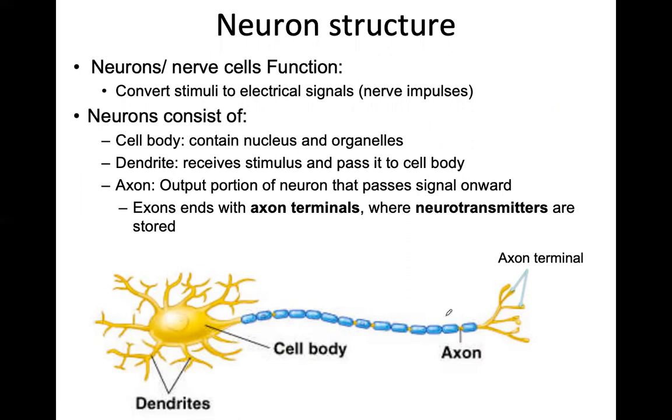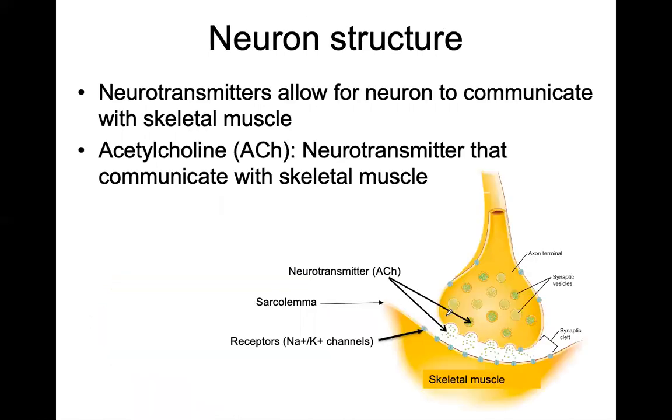These electrical impulses start from the dendrites, pass through the cell body, go down the axon, and end at the axon terminal. The axon terminal is the location where you store all of your neurotransmitter. For skeletal muscle contraction, the only neurotransmitter you will be dealing with is ACh, or acetylcholine, which should sound very familiar from our previous lectures.